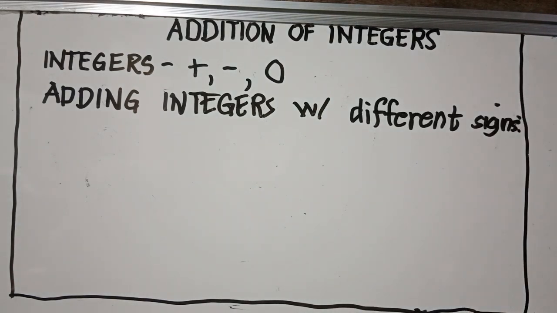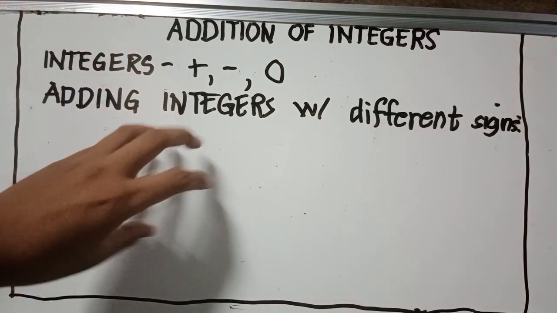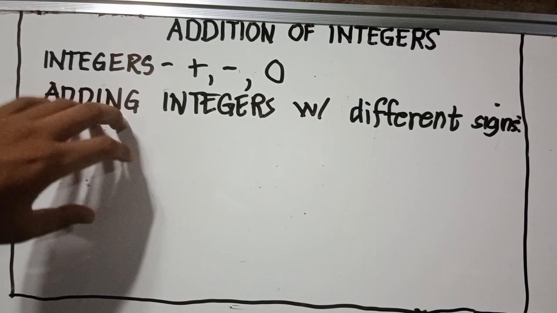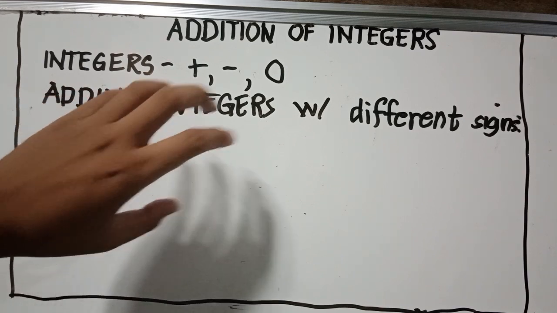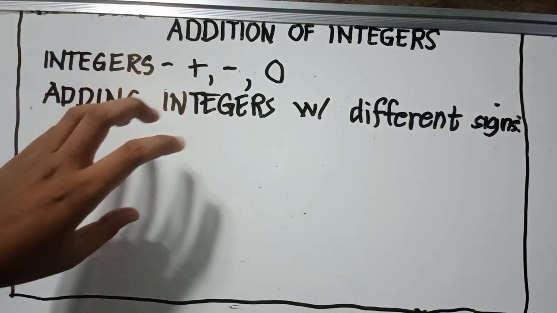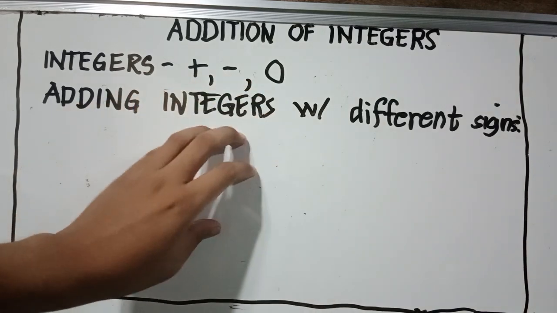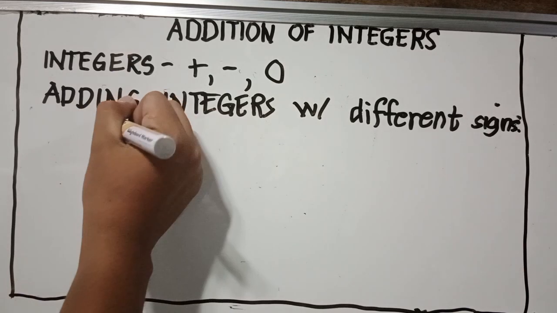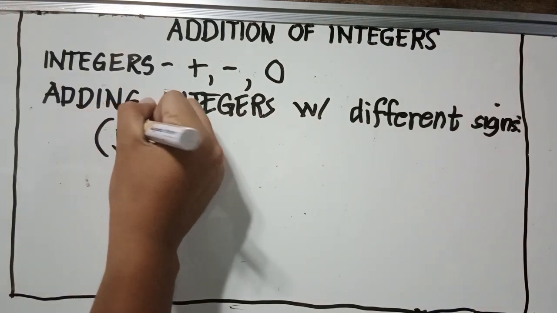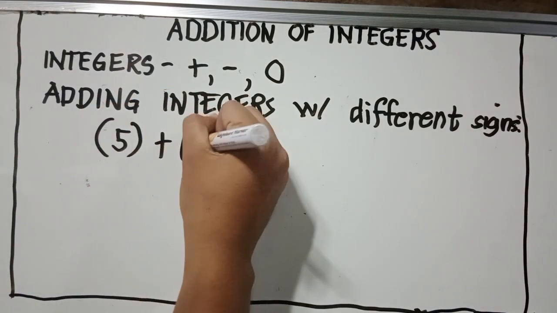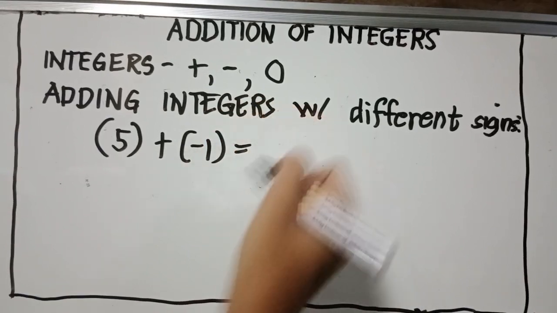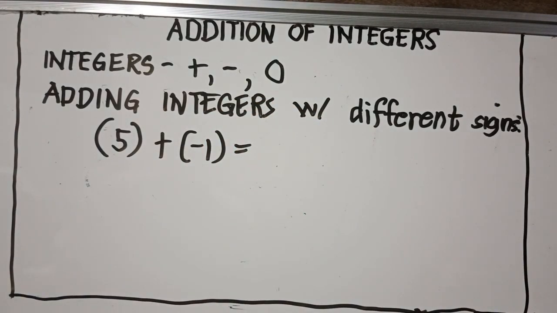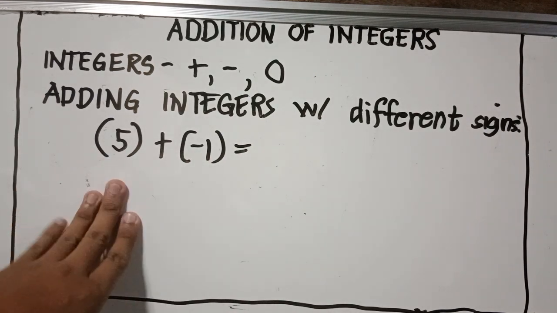When we talk about different signs, that's adding integers that are not both positive and not both negative. Say, for example, 5 plus negative 1. So how do we add integers with different signs? Say, for example, this one.